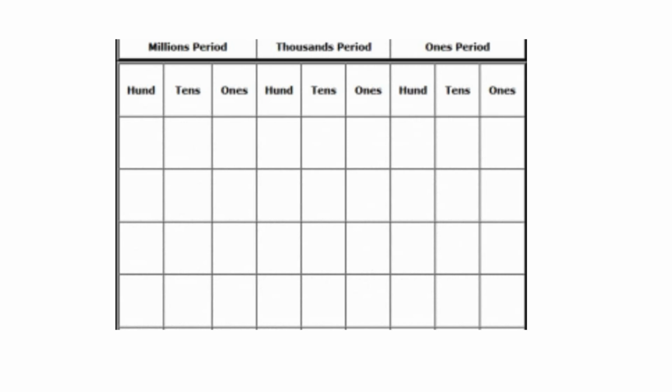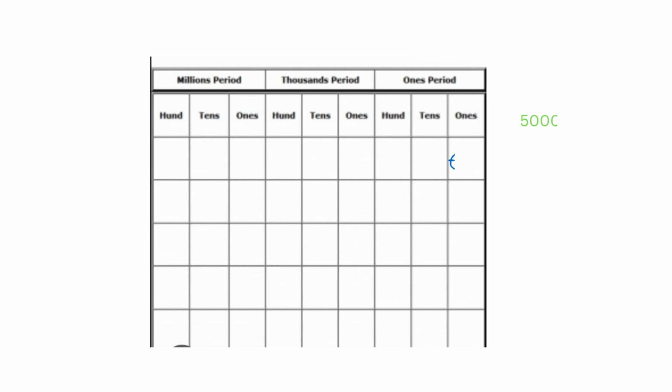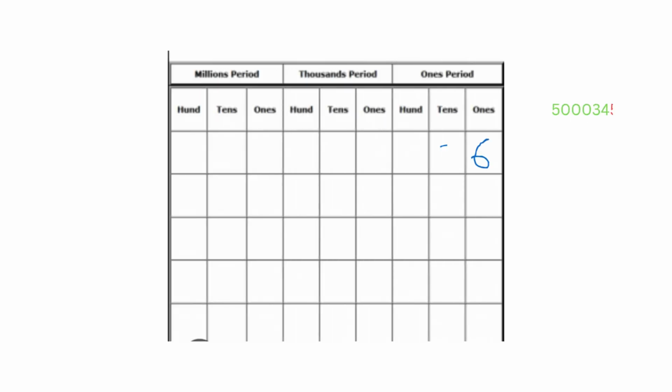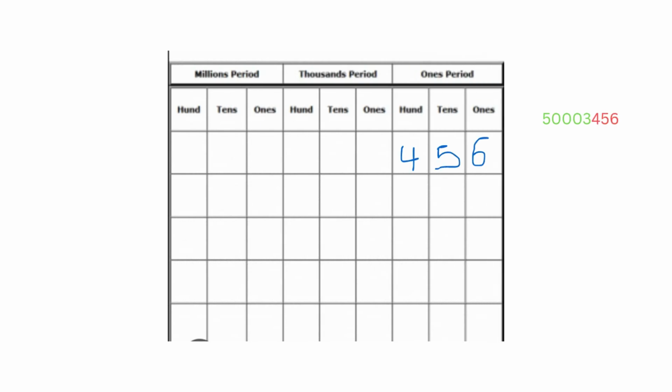The second number from my right is 4, I put it in tens. The third number from my right is 3, I put it in hundreds. The fourth number from my right is 0, I put it in thousands. The fifth number from my right is 0, I put it in 10,000s. The sixth number from my right is 0 again, I put it in 100,000s.